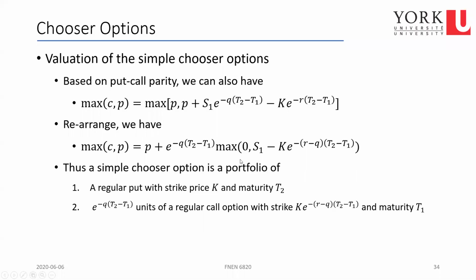If we do that, by expressing the call this way, then we can rearrange, and the chooser option becomes a regular put with strike price K and maturity T2, plus this number of units of a call with a strike price of this thing and maturity T1.